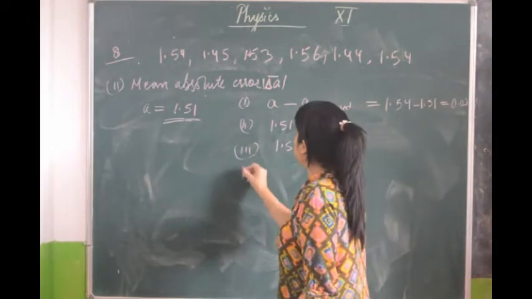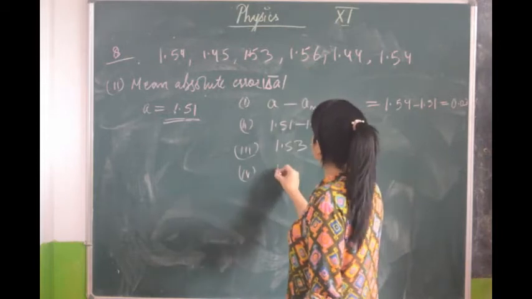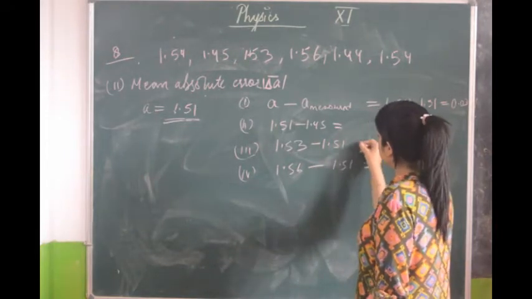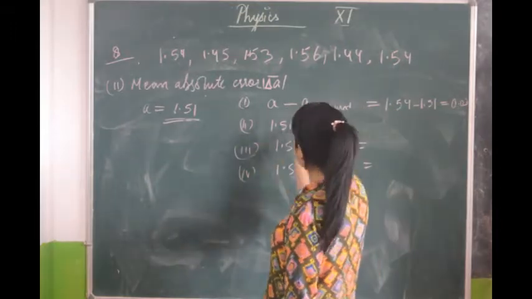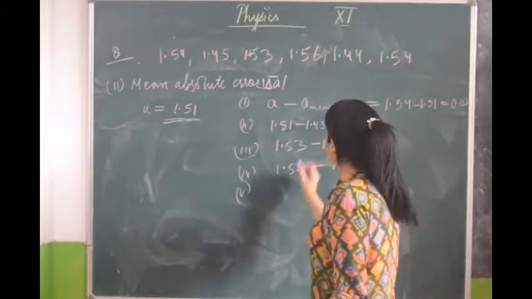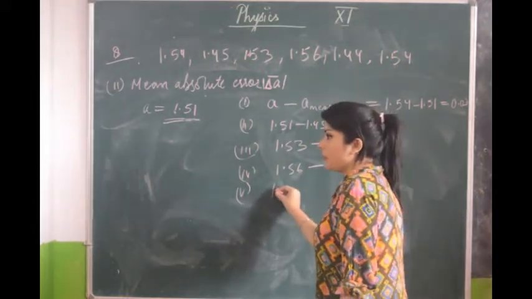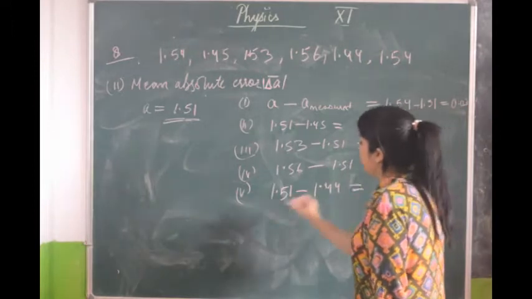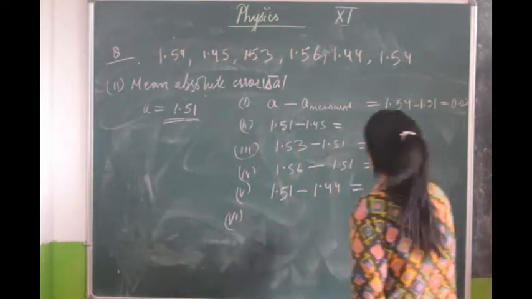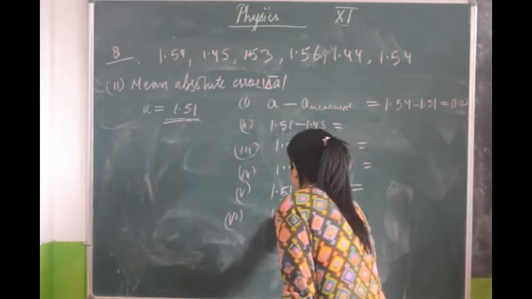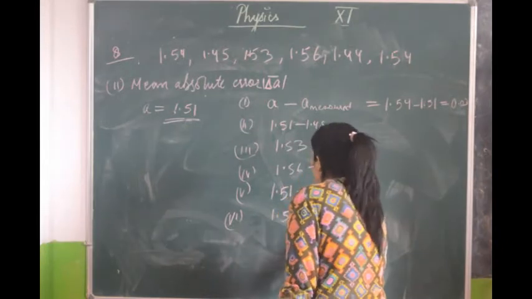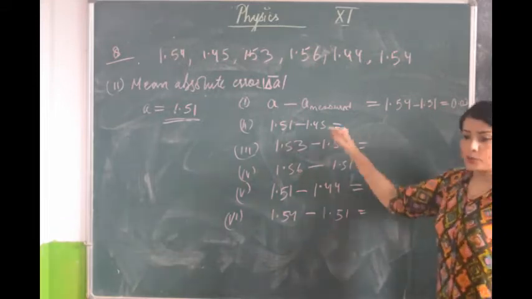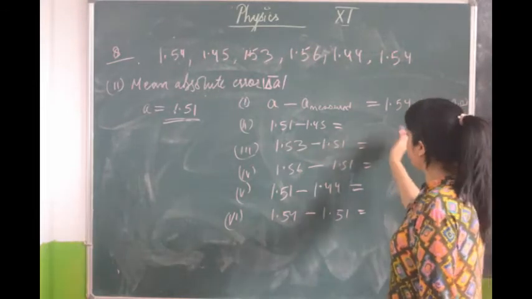In the fourth one, this one is greater, so it will be 1.56 minus 1.51. Then the fifth one, this one is smaller, so it will be 1.51 minus 1.44. And in the last one, the sixth one, this one is greater, so it will be 1.54 minus 1.51.